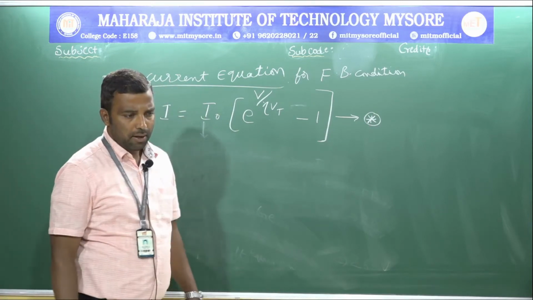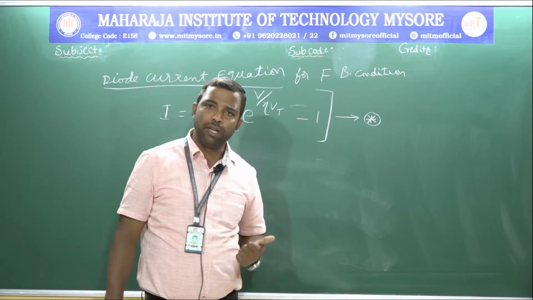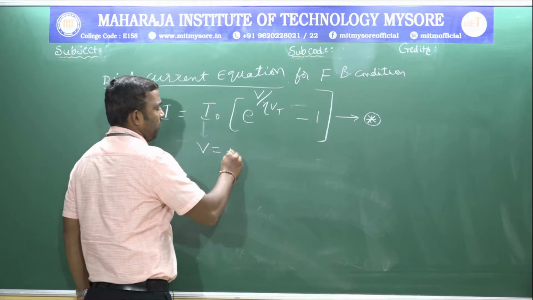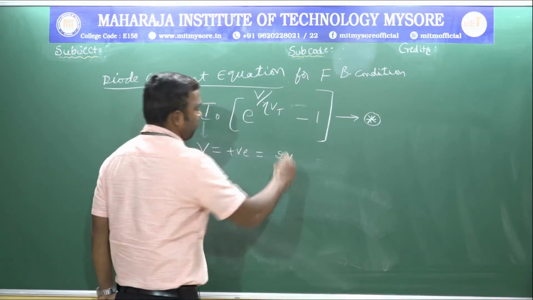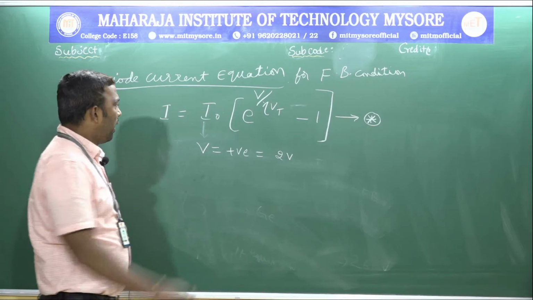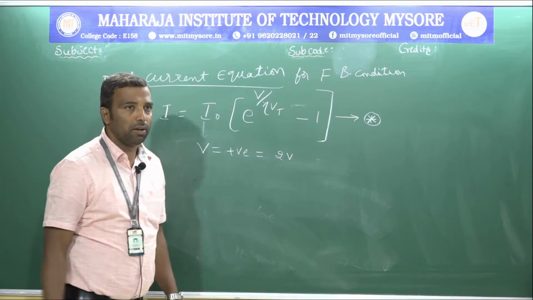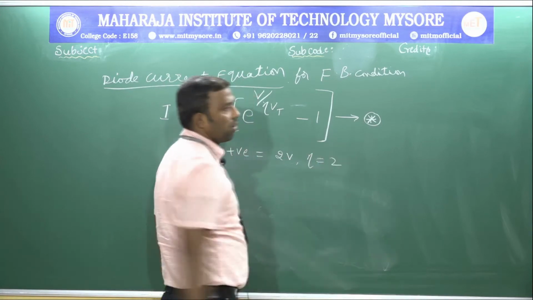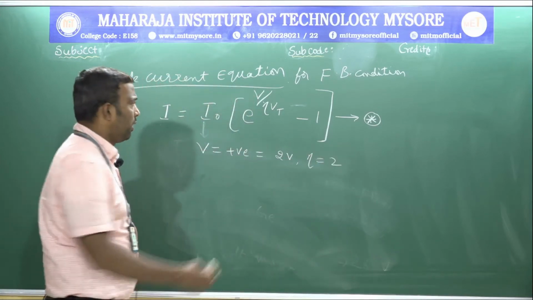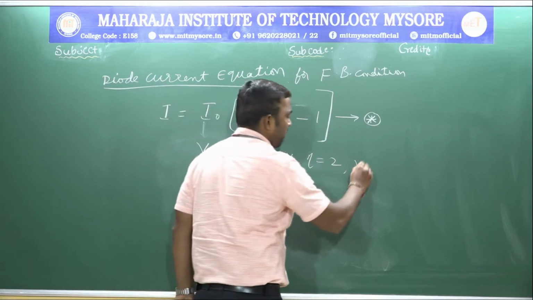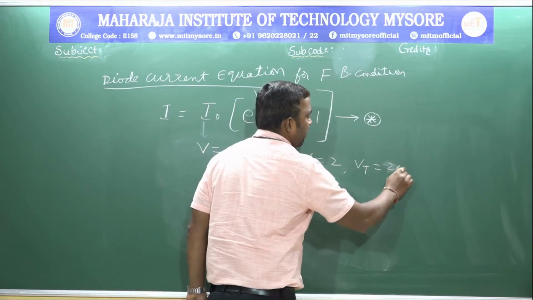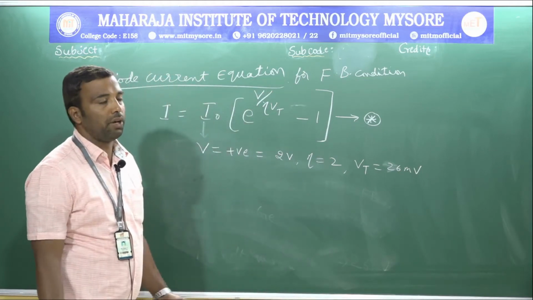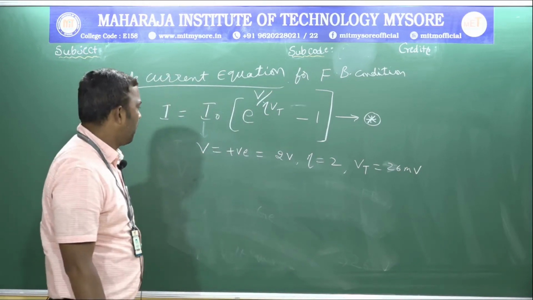We know that the applied voltage V is positive. I will consider 2 volts. I am considering a silicon diode, therefore eta is equal to 2, a constant value. We know that Vt at room temperature is 26 millivolts at 300 degrees Kelvin or 27 degrees centigrade.